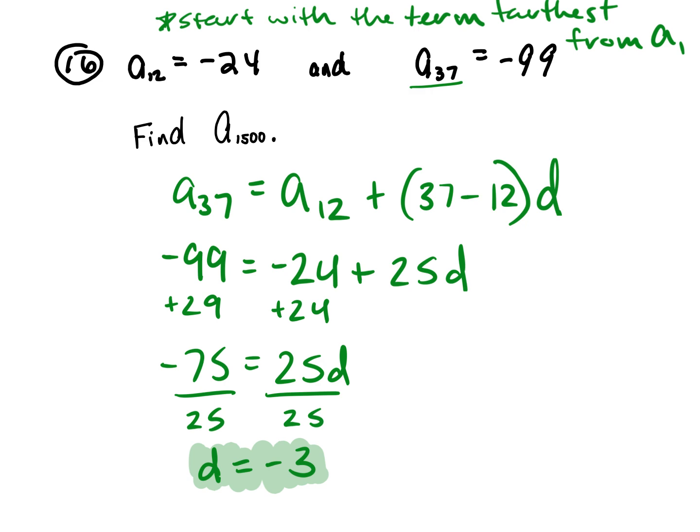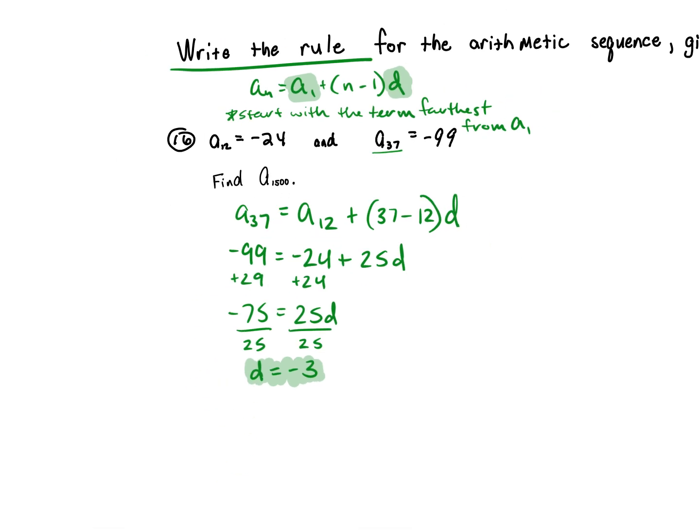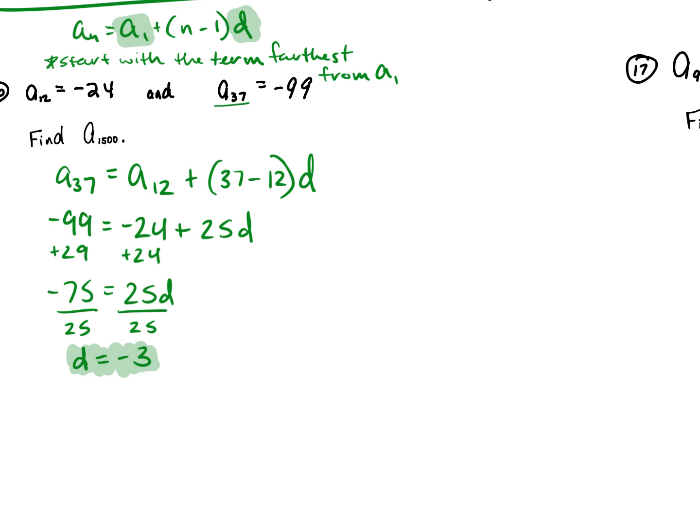But in our rule, in our equation, we not only need the common difference, d, we also need to find the first term. So we got to do that same thing, but now we're going to be solving for the first term. We're going to set up an equation again. We're going to say a sub 12. You can pick either one. I like 12 just because we're dealing with smaller numbers.